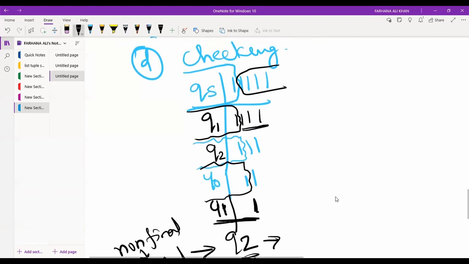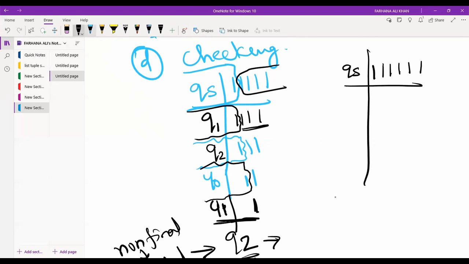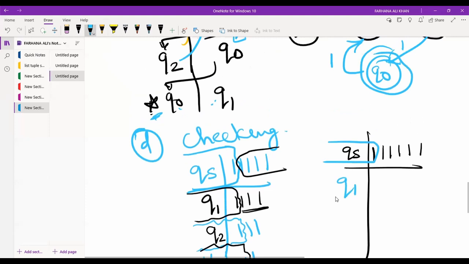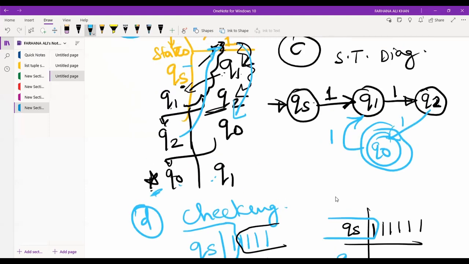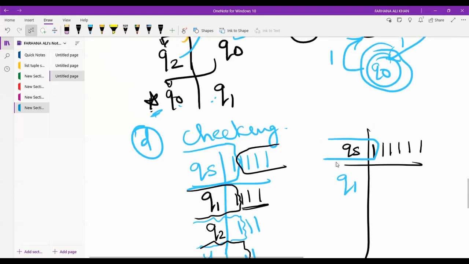Now let us take one more string, for number 6. We'll start with QS. QS on 1, from the diagram, goes to Q1. Now the remaining string is 5 occurrences of 1.